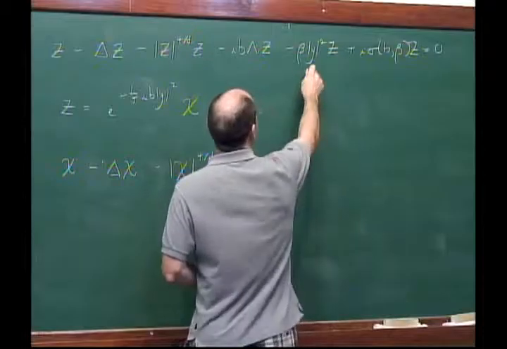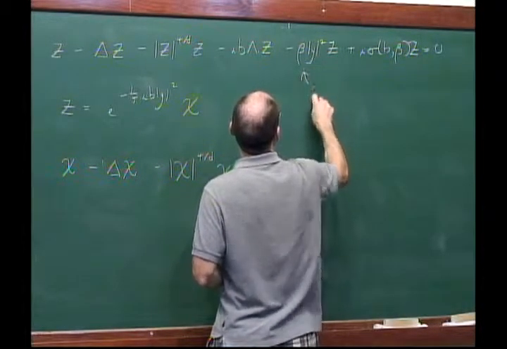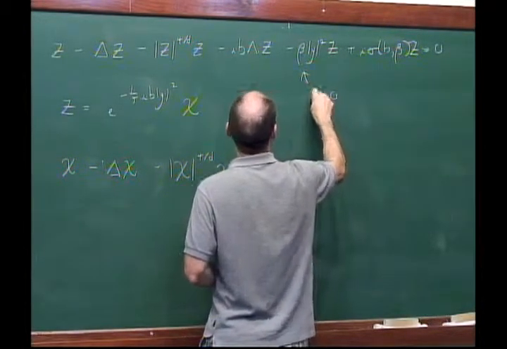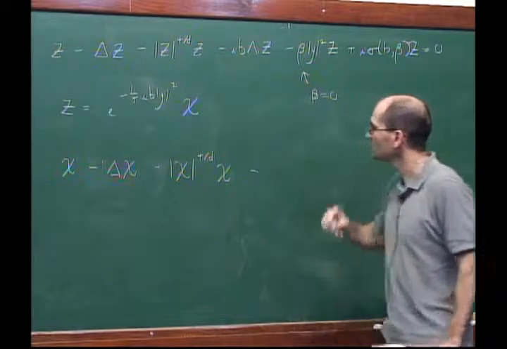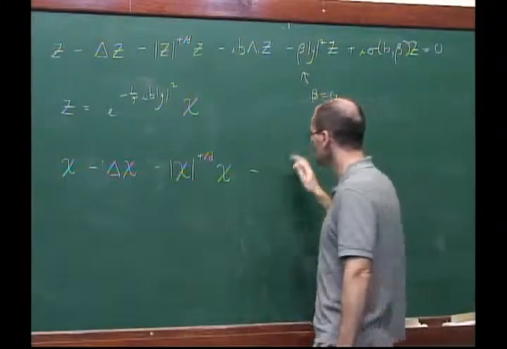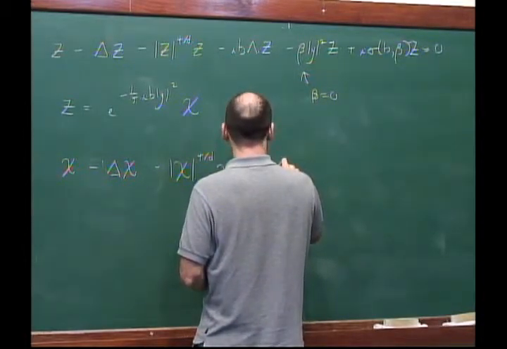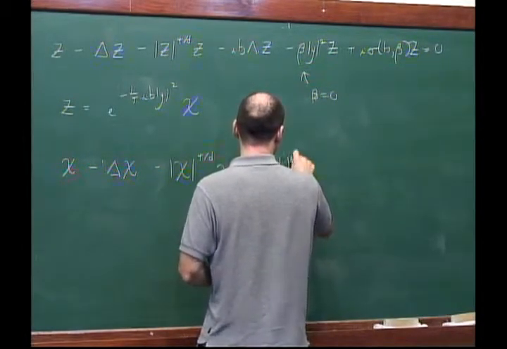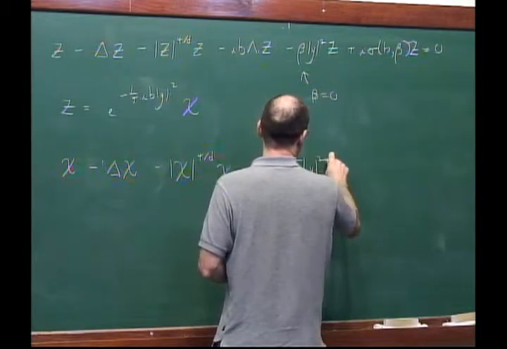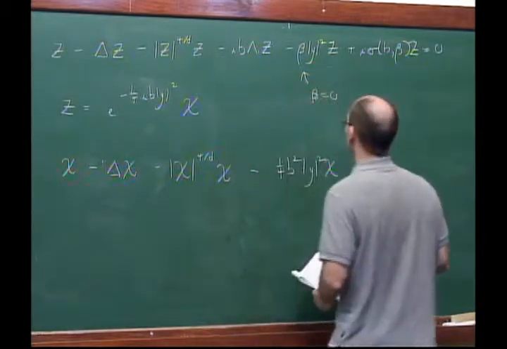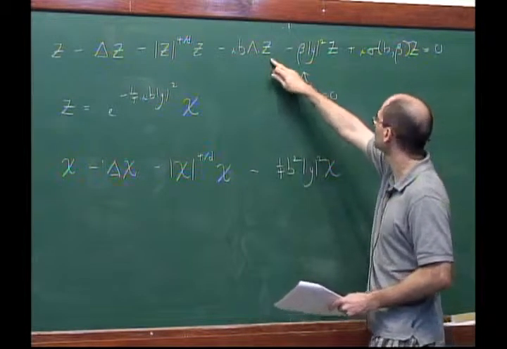And now, we'll take beta equal to 0. It's actually not as important as the b for simplicity, although you can kind of merge the b and beta into 1 with this kind of transformation. But, so what you get is a 1/4 b squared y squared chi. And so that comes from that term.